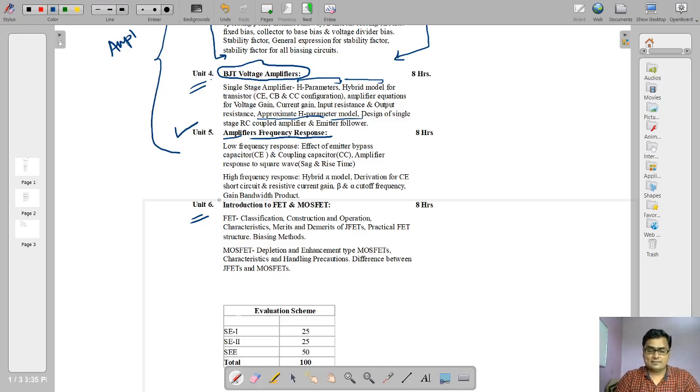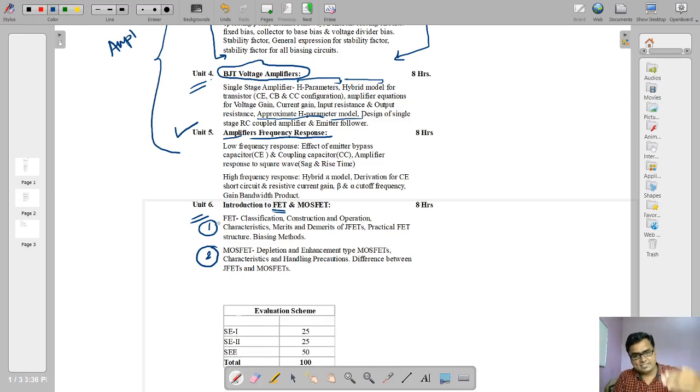So we will start from scratch with FET. The total chapter, Introduction to FET and MOSFET, is divided into two parts. In the first part there is a study related to FET, and in the second part there is a study related to MOSFET. Everything about FET is included in the first part, and everything about MOSFET is included in the second part.